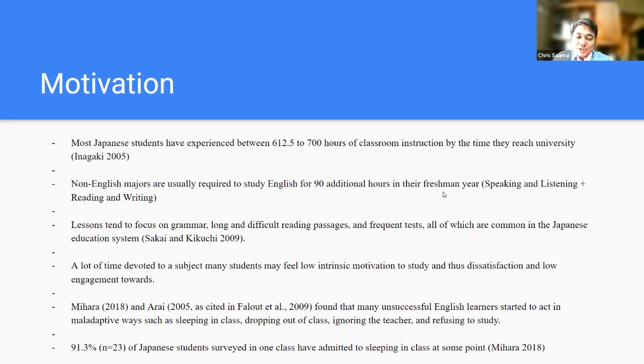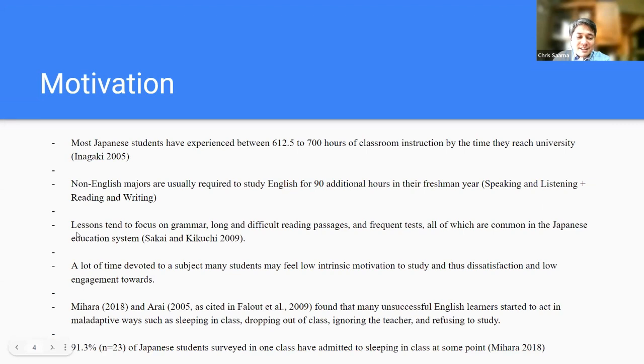Almost every university requires students to study 90 hours of English in the freshman year, including speaking, listening, reading, and writing. So altogether, it's maybe 800 hours. But that's a far cry from the 2,200 hours that the U.S. Foreign Service recommends, or that Inagaki recommends.